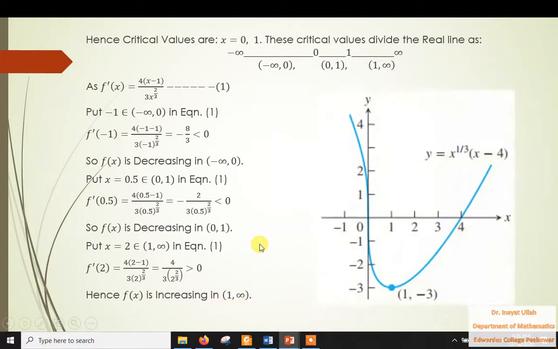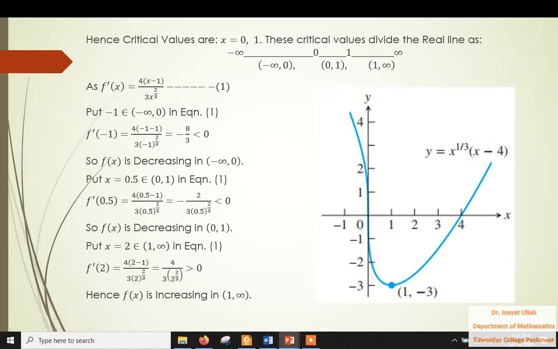If you look at the graph of that function, you do not need to plot this graph. You just need to look at the situation over here. The graph of the given function goes just like that. It goes up and up just like that.